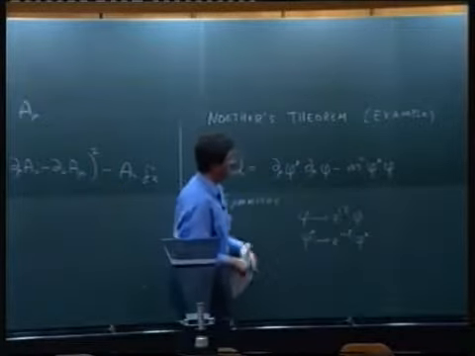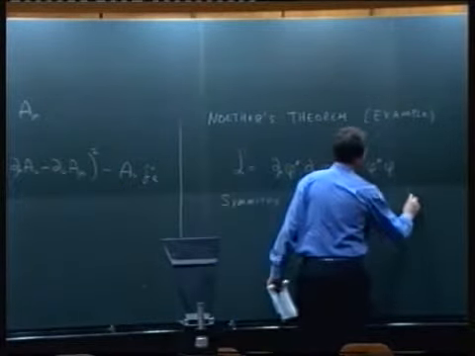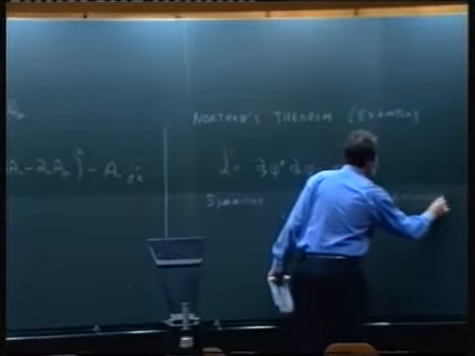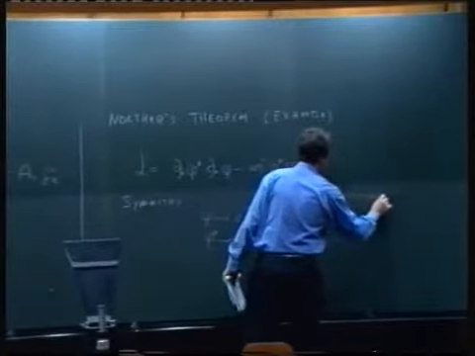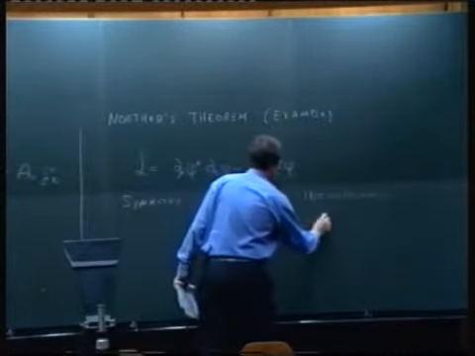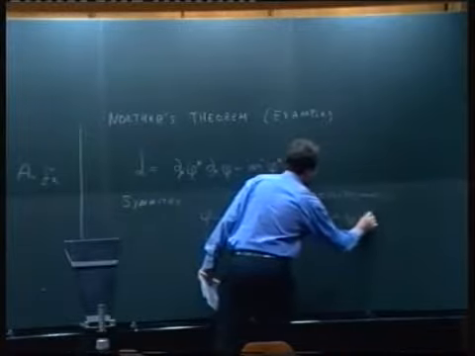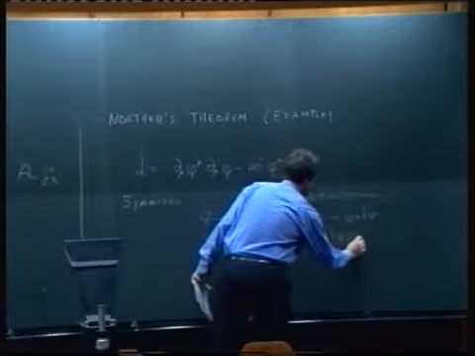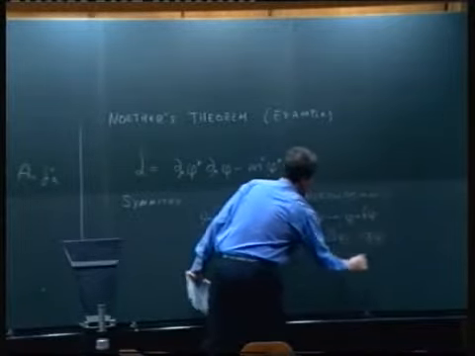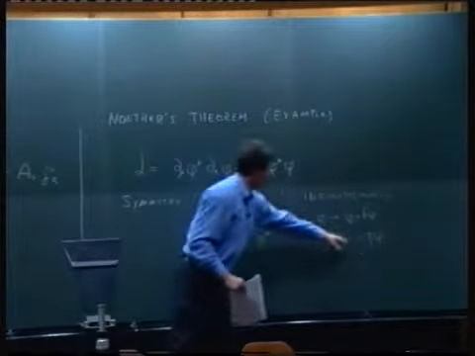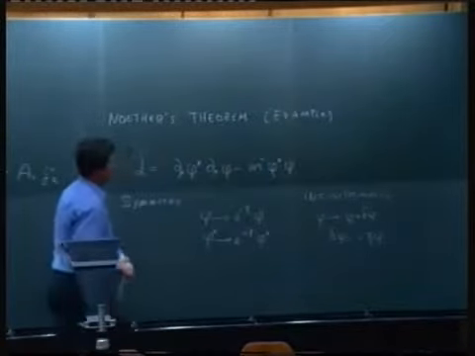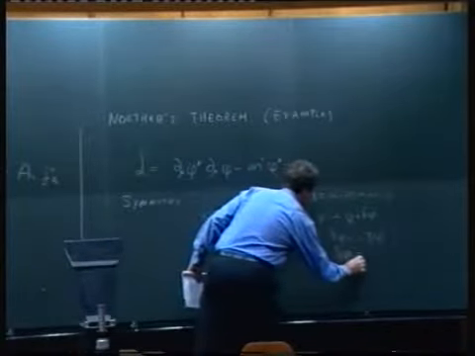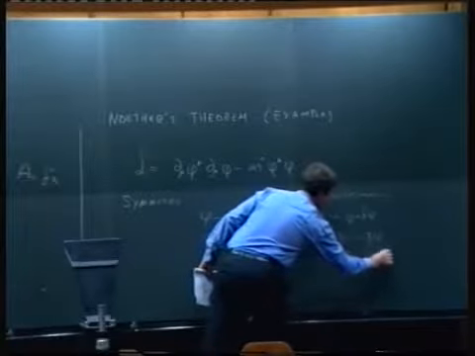Let me write down these transformations first in infinitesimal form. Infinitesimally, I can write phi goes to phi plus delta phi, where delta phi is i chi times the same field phi, and of course delta phi star is minus i chi phi star.